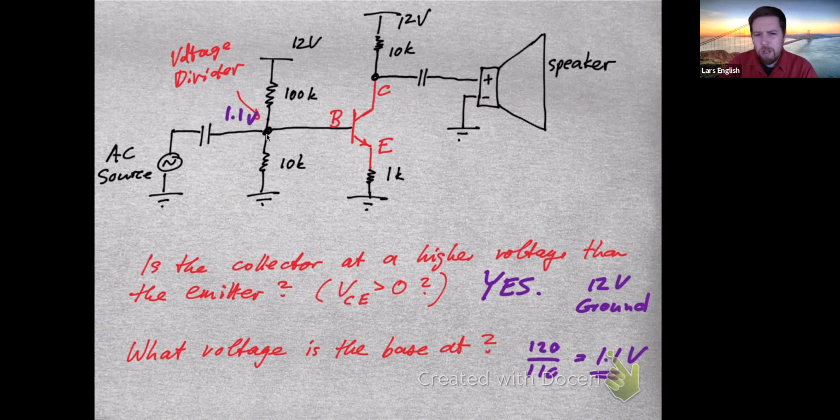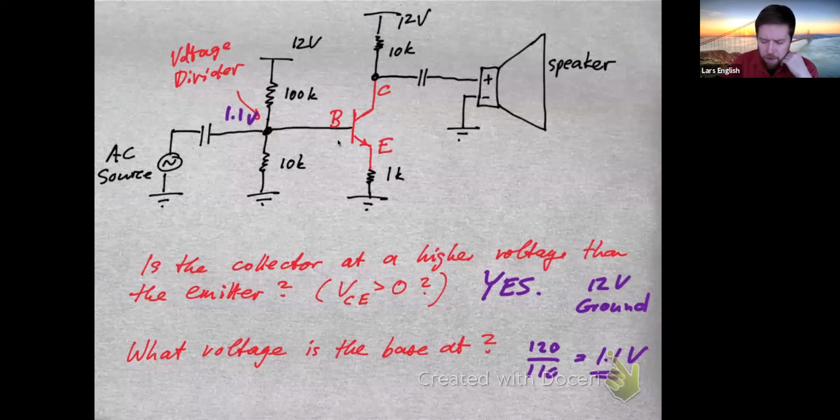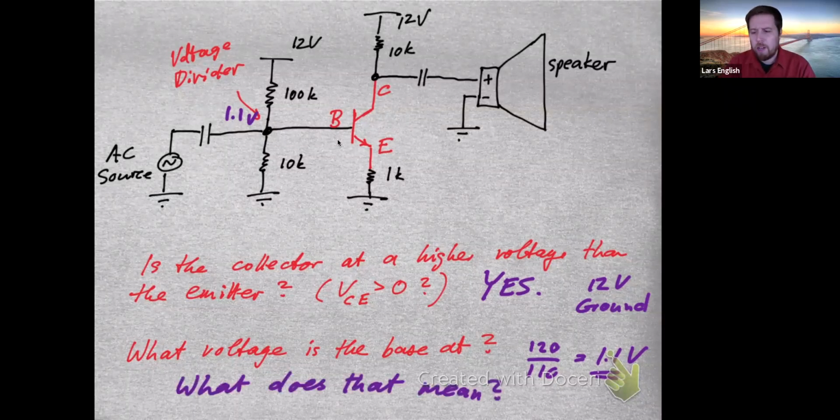So that's what we're getting coming into B, the voltage at the base. Is that good? Is that bad? How should we interpret that? What does that mean?